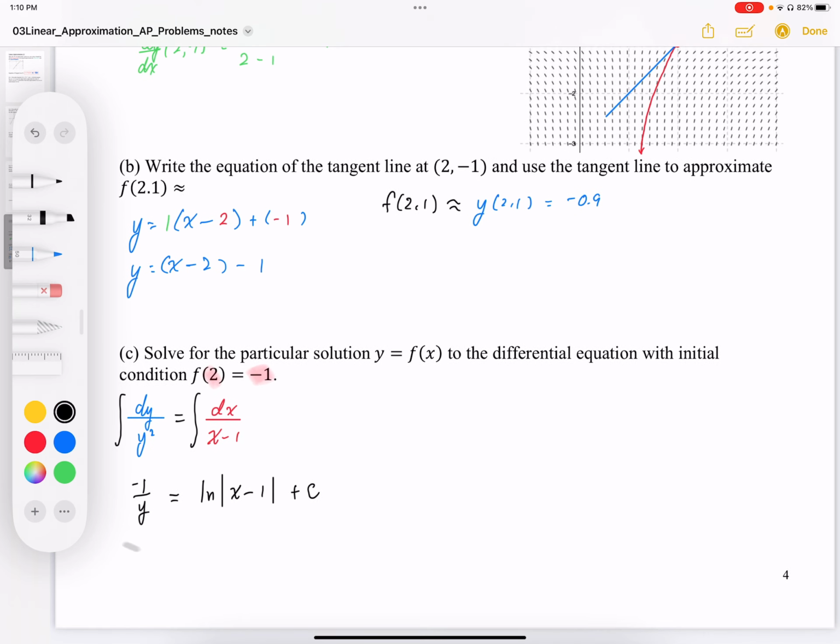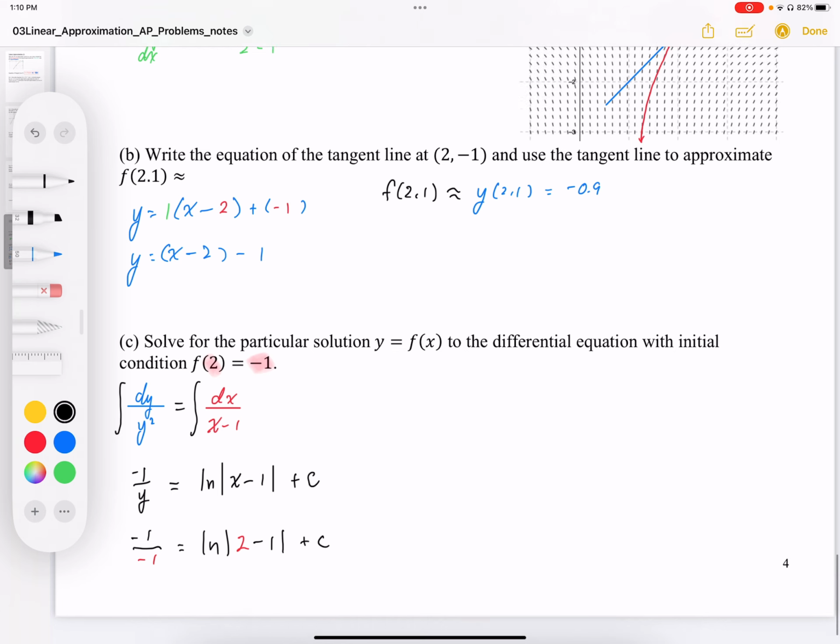So I end up with -1 over y, which is -1 over -1, equals... and that's going to be equal to log of, I'm going to plug in my 2, x is 2, and then solve for c.